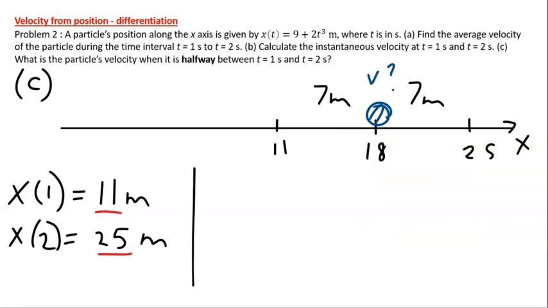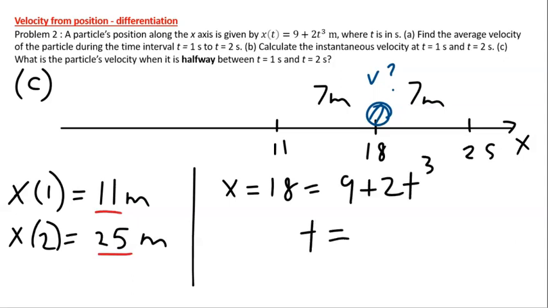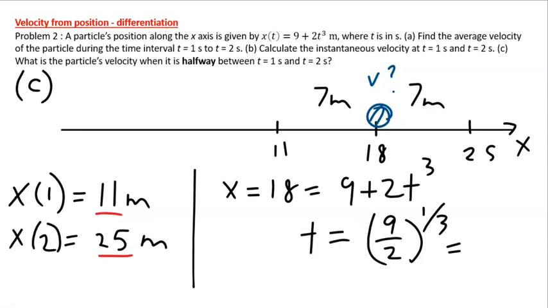First we need to know the time at which that happens. So when x is 18, which is 9 plus 2t cubed, the value of t will be (9/2) to the power 1/3, which is 1.65 seconds.